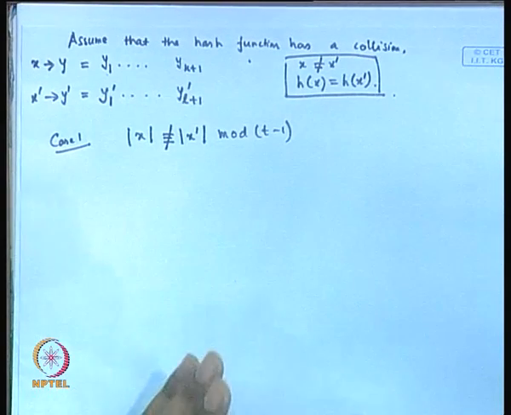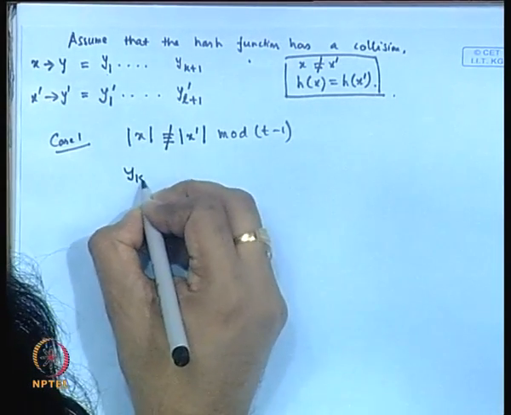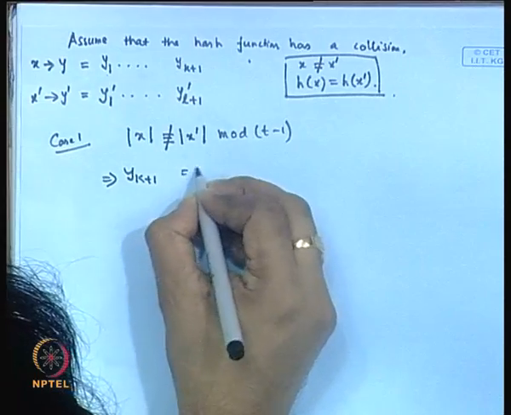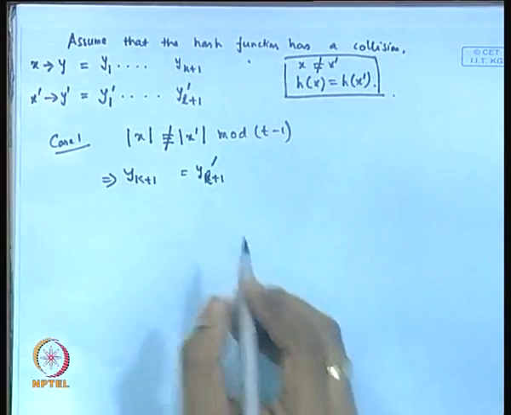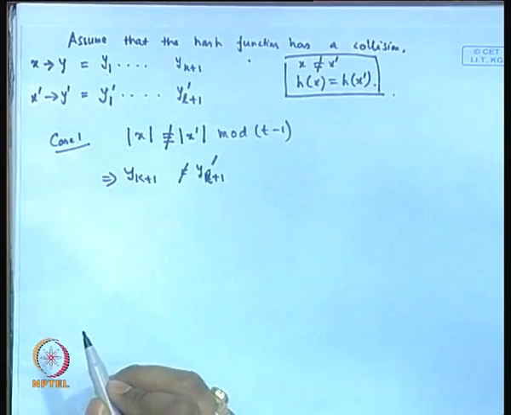So in this case d and d dash are not the same. Therefore yk plus 1 and yl plus 1 dash are different.